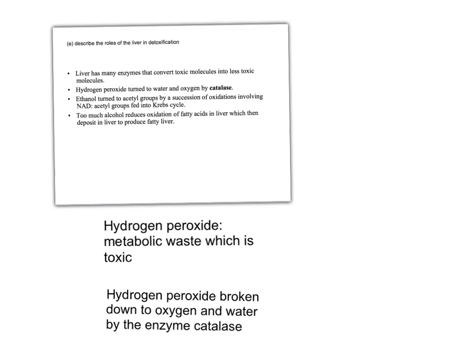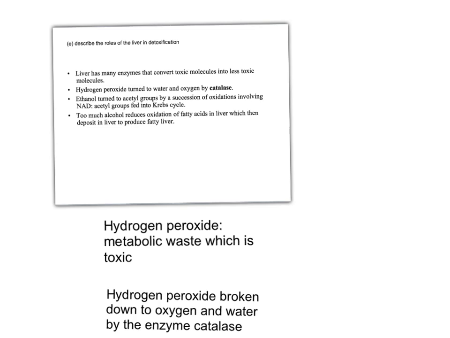And what that does is it oxidizes the alcohol and breaks it into acetyl groups, and feeds those acetyl groups into the Krebs cycle, involved in the link reaction into the Krebs cycle. Those acetyl groups are fed in for respiration. So some of the molecule yields ATP.